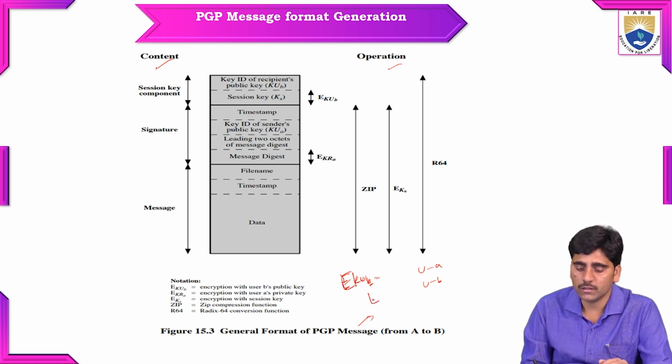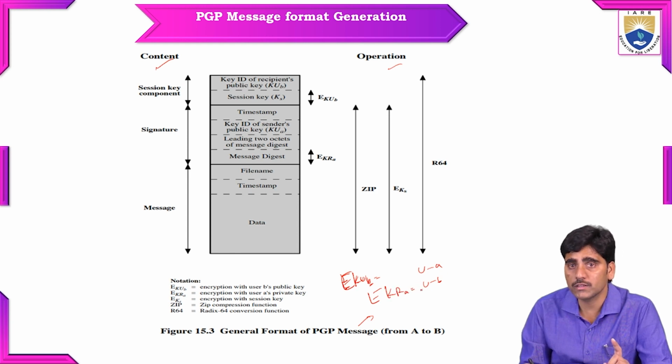Similarly, encryption with KRA is encryption with user A's private key. So this indicates the private key. And EKS indicates encryption with a session key.